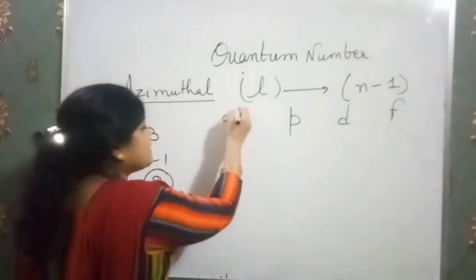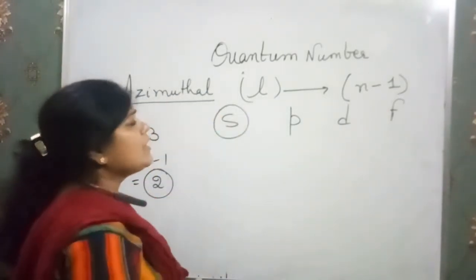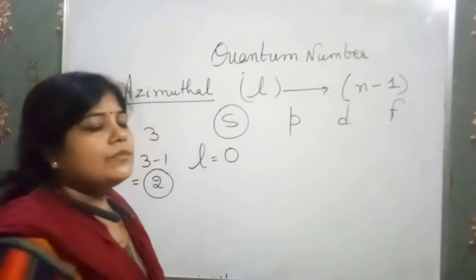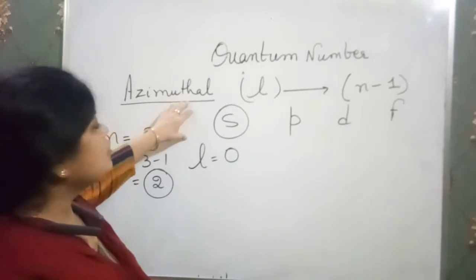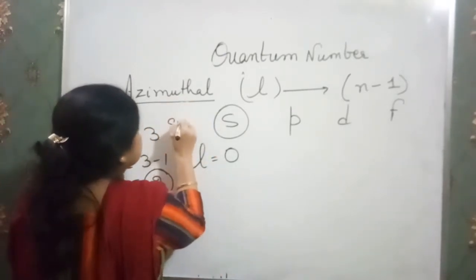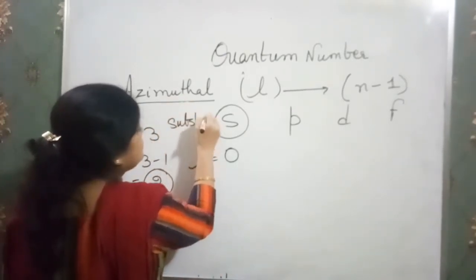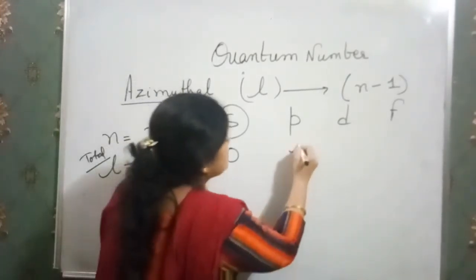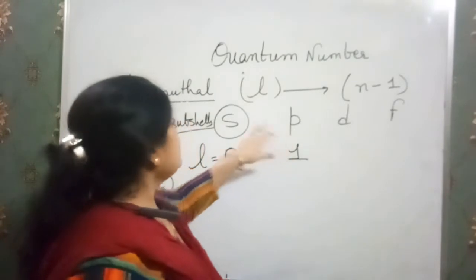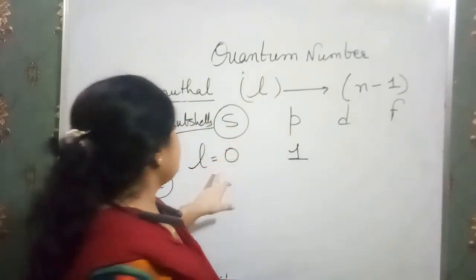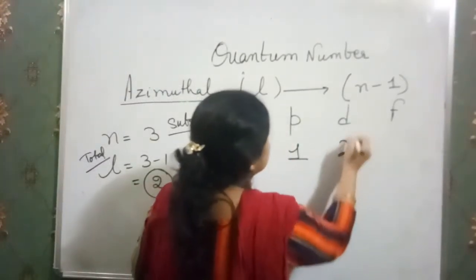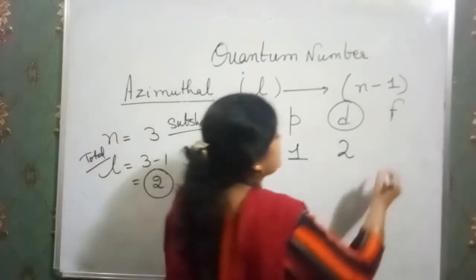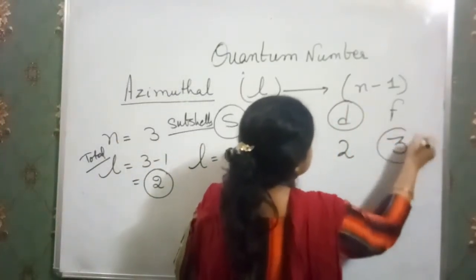If the azimuthal quantum number is equal to 0, it denotes that the electron goes into subshell s. These are the subshells. If the azimuthal quantum number is 1, then it is the p subshell. If the azimuthal quantum number is 2, then the subshell is d. If the subshell is f, the azimuthal quantum number is 3.